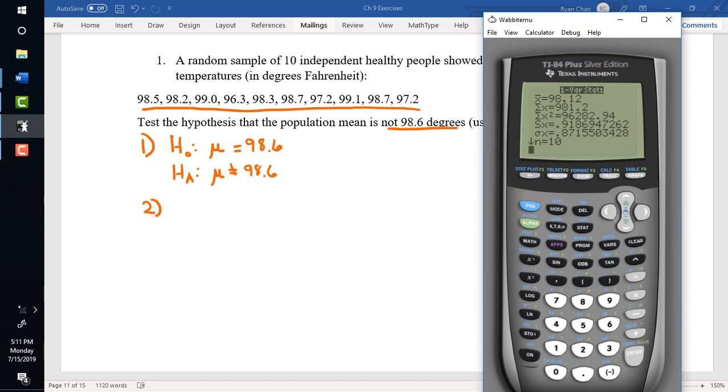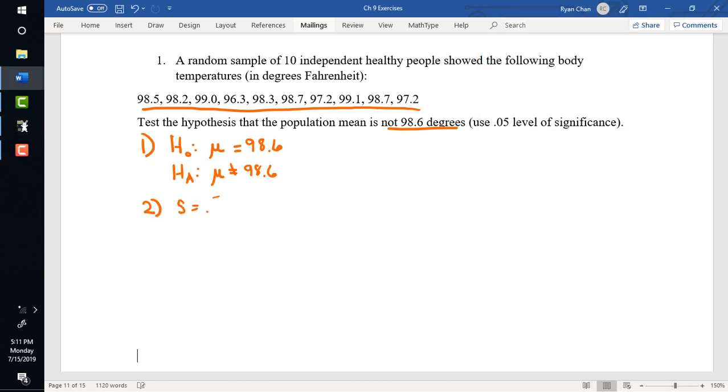So I'm using s, which is 0.919. I also want to figure out what my sample size is, 10, and then my degrees of freedom is going to be 9.